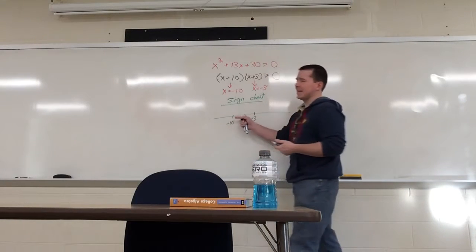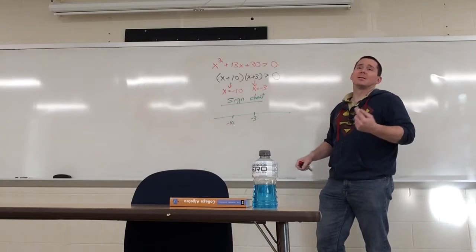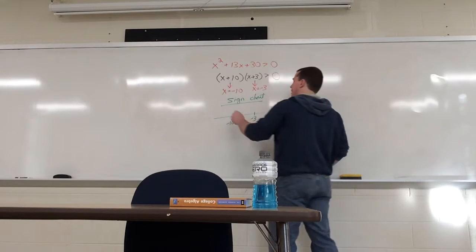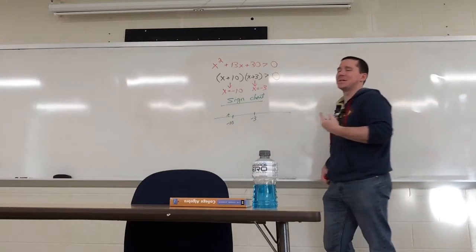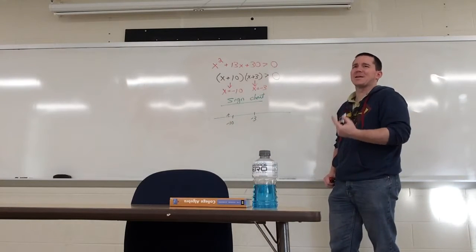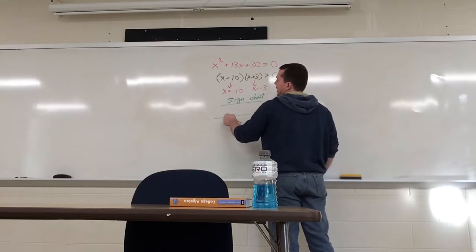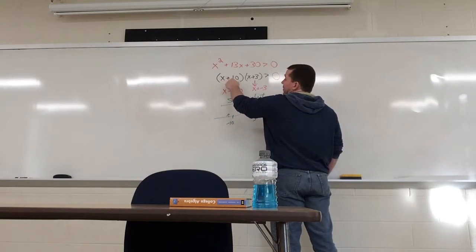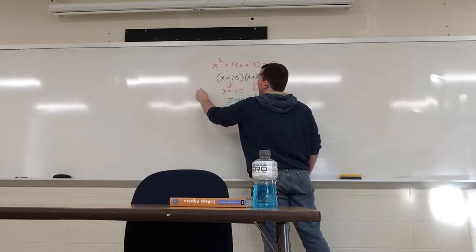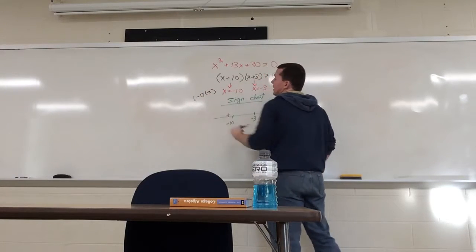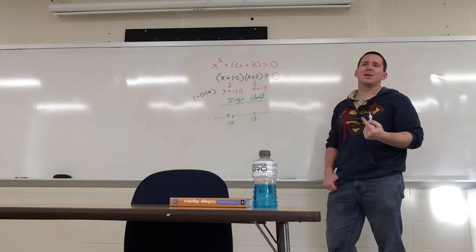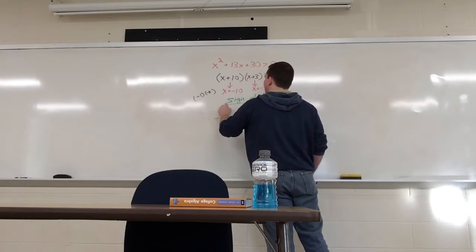Let's see, that's negative 10, something to the left of that. Go with negative 11. You can use whatever number you want. I generally just pick the closest, easiest whole number to work with. It doesn't matter, you have calculators, do whatever you want. You plug in negative 11. Negative 11 plus 10 is negative 1. Negative 11 plus 3 is negative 8. Negative 1 times negative 8 is positive 8. All we care about is the sign, so it's positive.